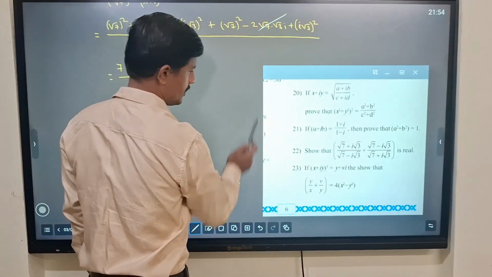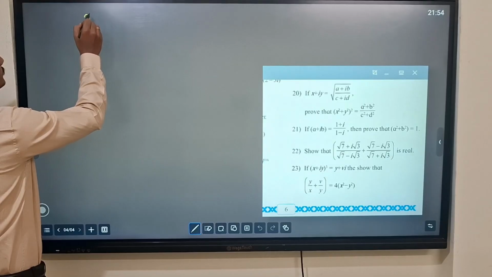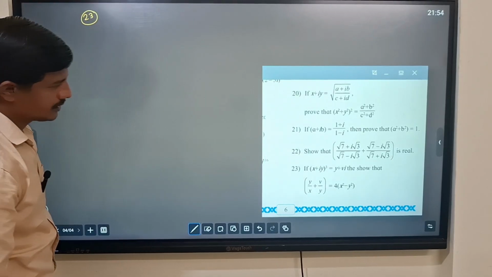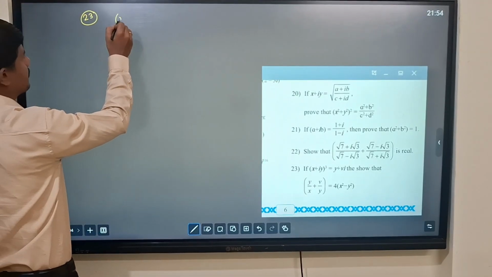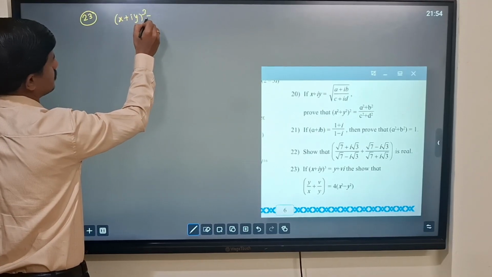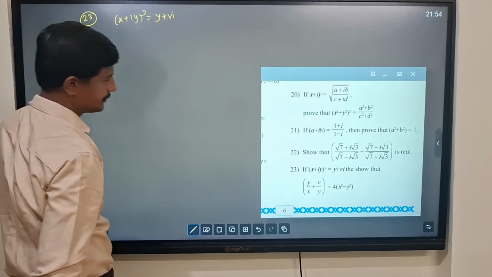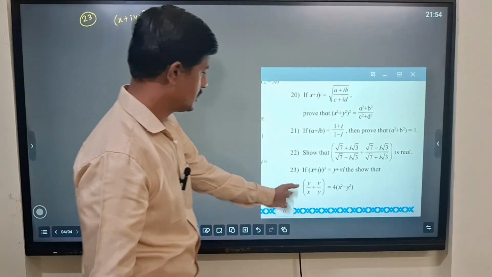Okay. Now 23. If x plus iy whole cube is equal to y plus vi, then show that this.